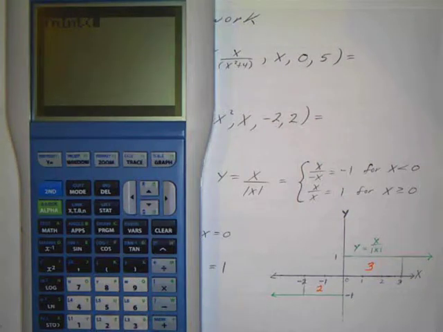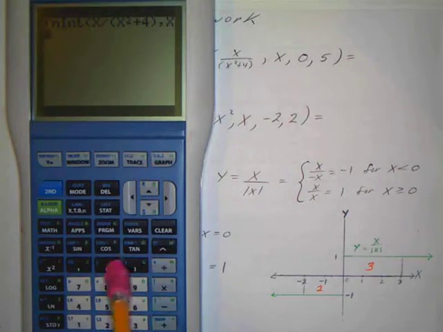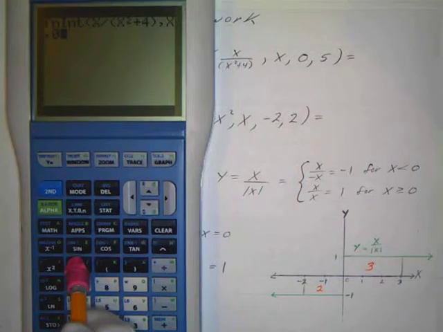So that's going to be x divided by, and I have a binomial in the denominator, so I have to put parentheses, and that's going to be x squared plus 4, parentheses, comma, and then it's with respect to x, and then comma, and then my two limits, which would be 0 and 5, 0, comma 5, parentheses, and then enter.